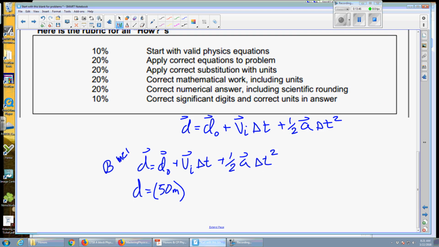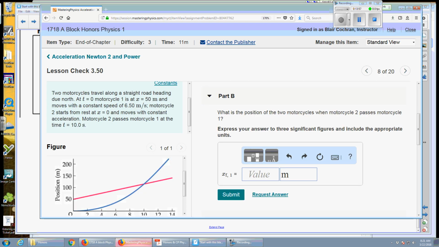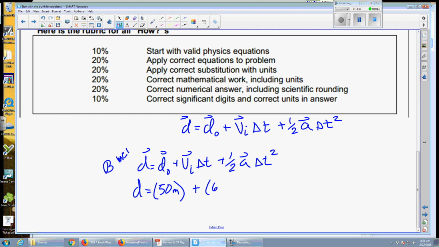If I wanted to know how far they traveled, I'd figure out the change in position, delta D. I know how fast it's moving at the beginning: 6.5. It moves for 10 seconds, plus 1/2 times acceleration, which is 0 since it's not accelerating, times 10 seconds.